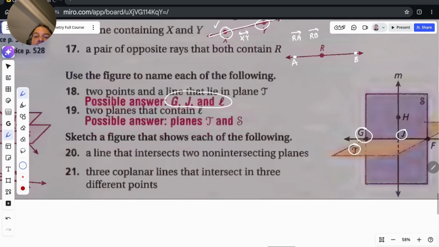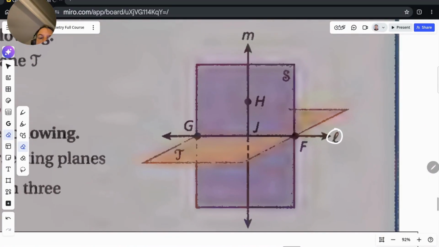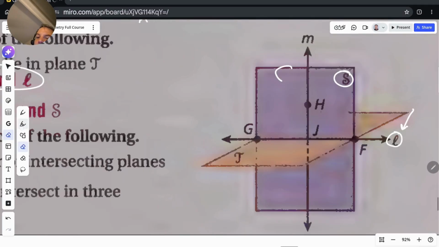Number 19, two planes that contain L. Let's look carefully at our figure. Line L runs along the bottom edge of plane S. So it lies on plane S. And it also lies on plane T. It's drawn flat on the horizontal plane there.